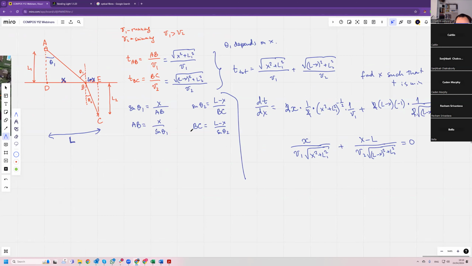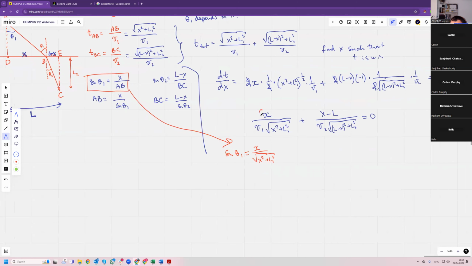Remember, what is AB? What is sine theta? Yes, that's how it works. Sine theta 1 is x divided by AB, and AB is square root of x squared plus L1 squared. Aha, so that is sine theta 1.